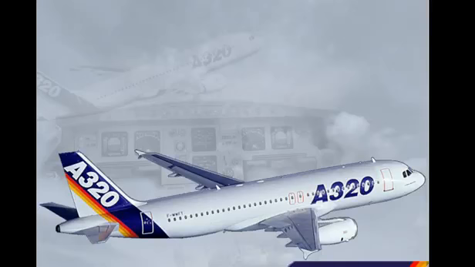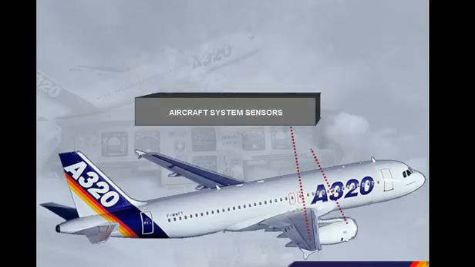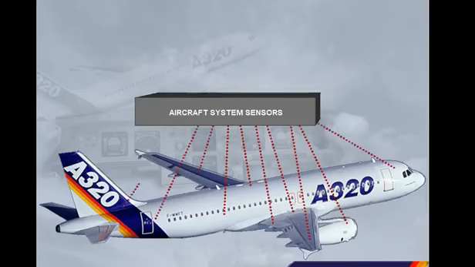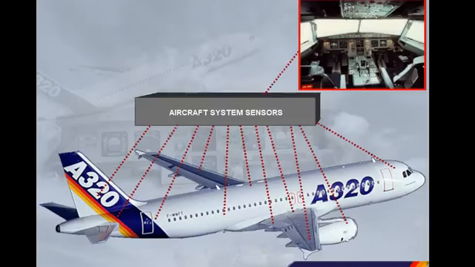Now let's look at the other EIS subsystem, ECAM, and how the ECAM displays get their data. Sensors are fitted throughout the aircraft to monitor the various systems, including system controls operated on the flight deck.